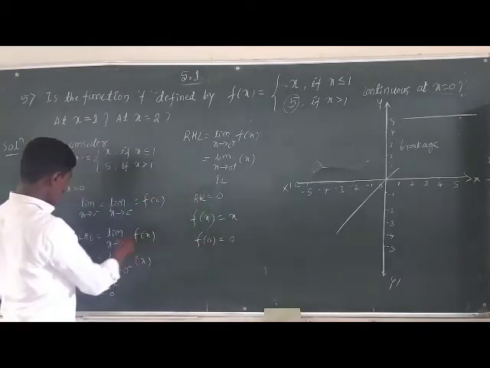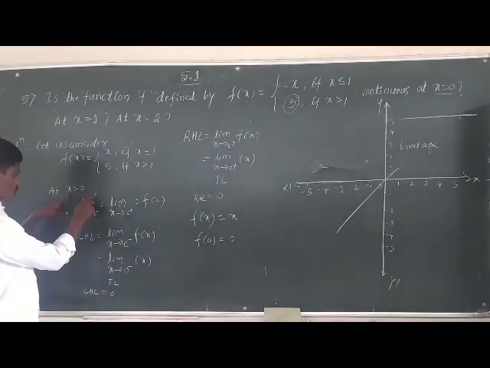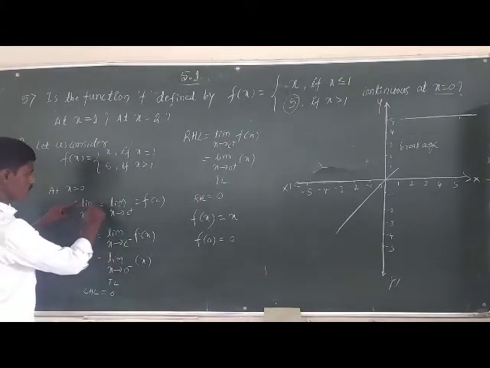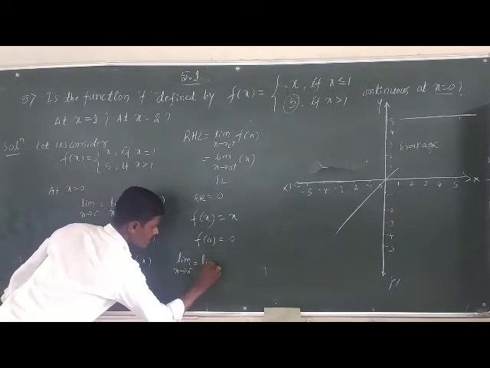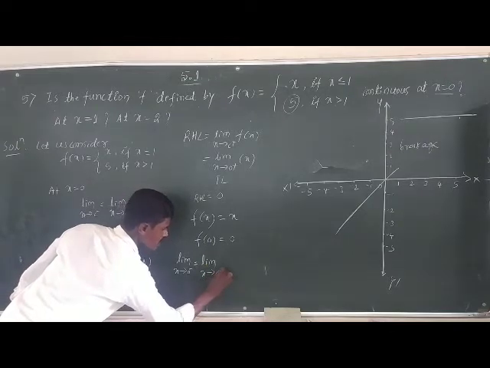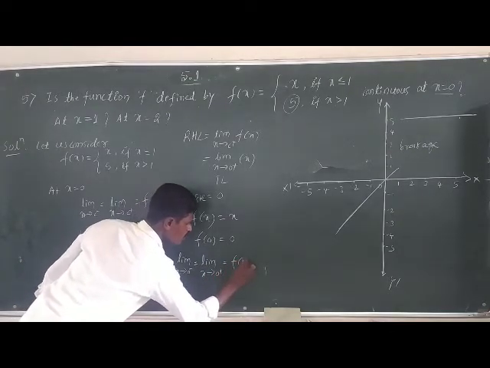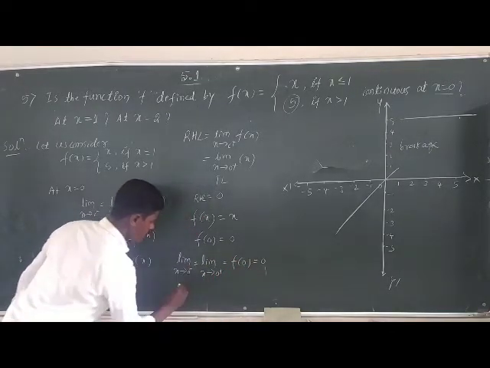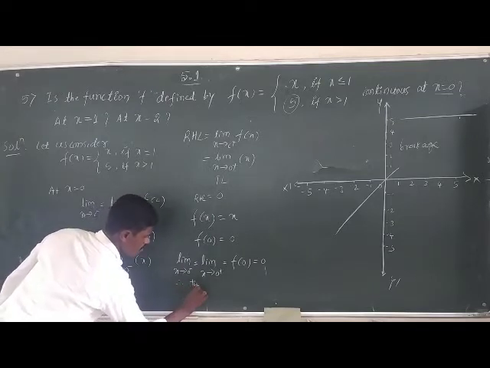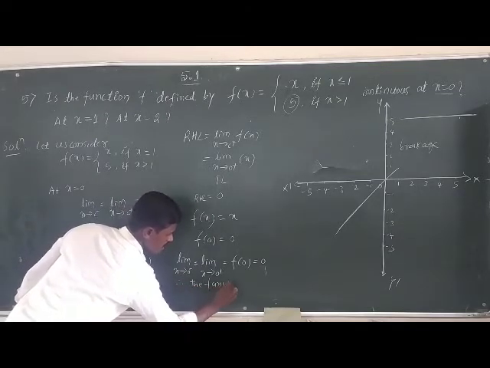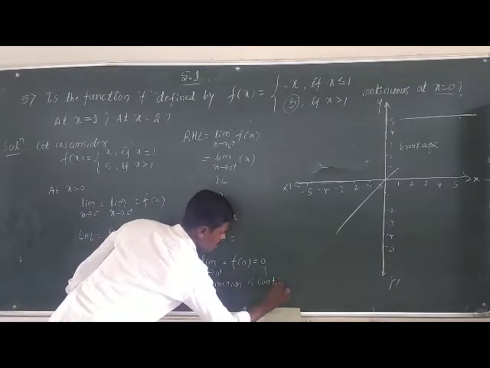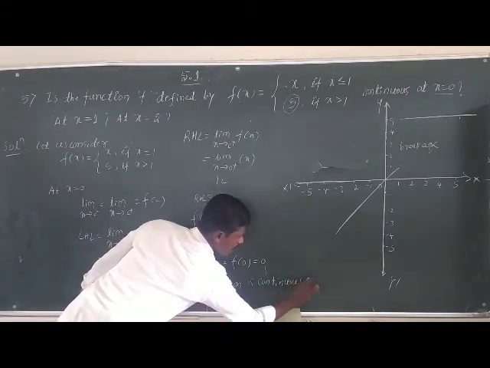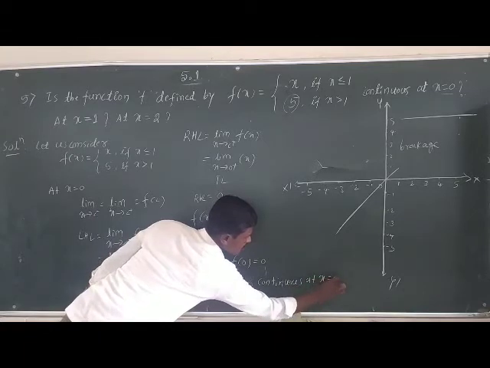Therefore this function at x equals 0 satisfies the condition: the limit as x tends to 0 minus equals the limit as x tends to 0 plus equals f of 0 equals 0. Therefore the function is continuous at x equals 0.